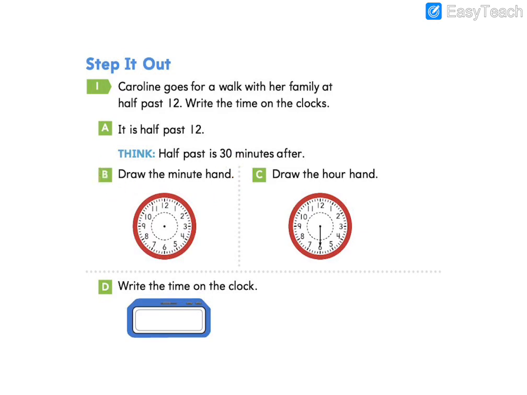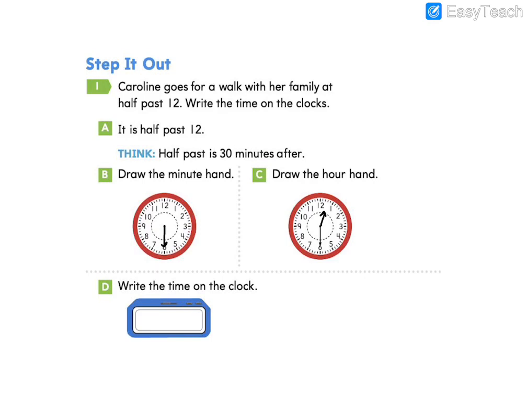Remember, 12:30 is 30 minutes. 5, 10, 15, 20, 25, 30. And now we can add the hour hand. Now it's 12:30. That means it's 12 and it's going towards the hour 1. Our hour hand will point between 12 and 1.